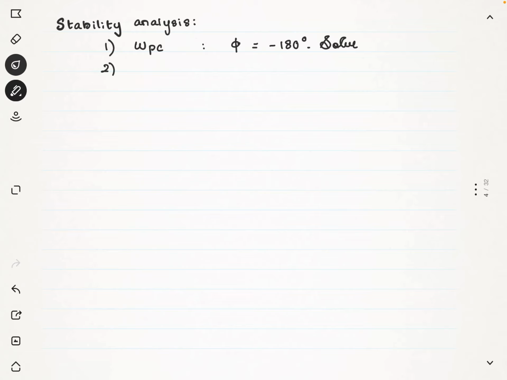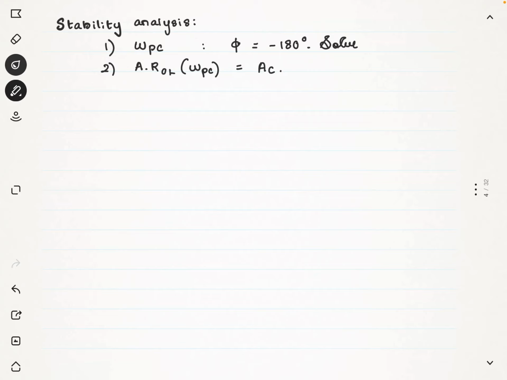And then if we substitute the phase crossover frequency into the amplitude ratio of the open loop transfer function, what we get is the critical amplitude ratio.